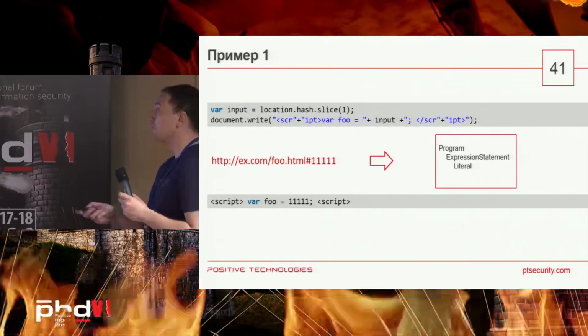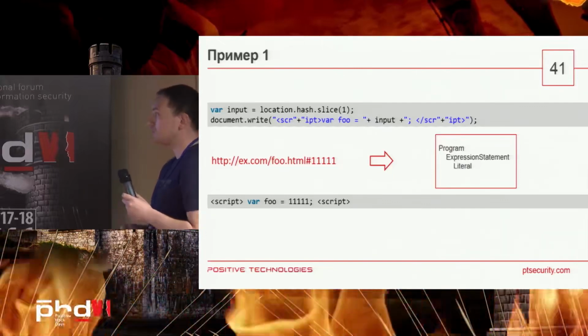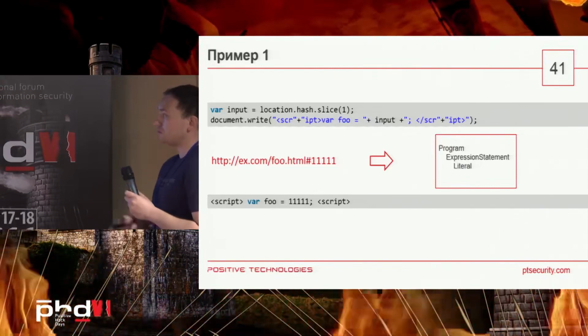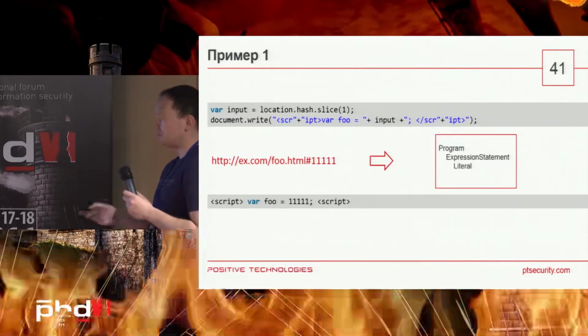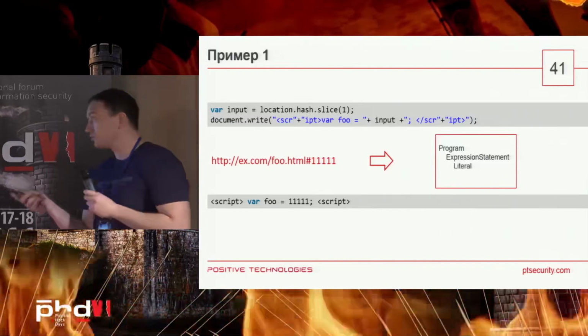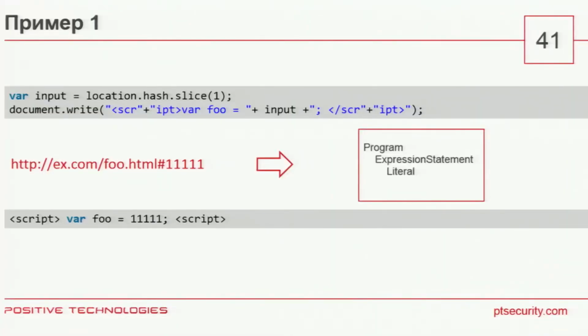This concept is illustrated in the following example. So the input data gets into the script context. Everything that the user has entered will be executed directly. If they enter 4 ones, then the AST tree for this string will contain such nodes: program, expression statement, and literal. Literal will have the value of 4 ones.